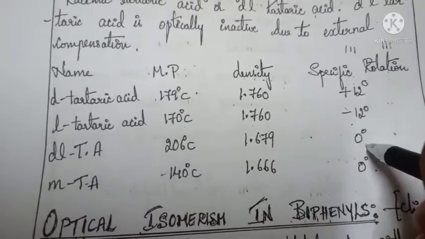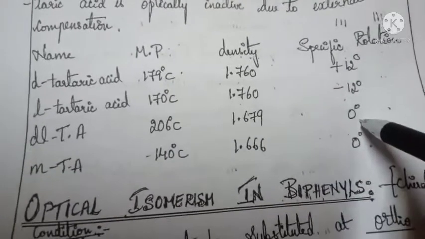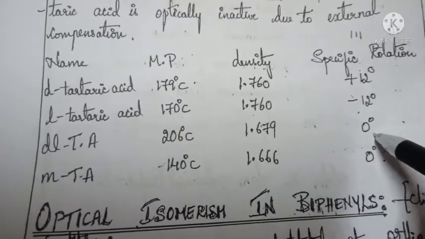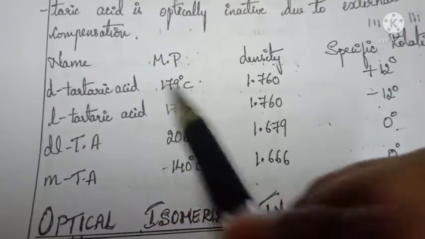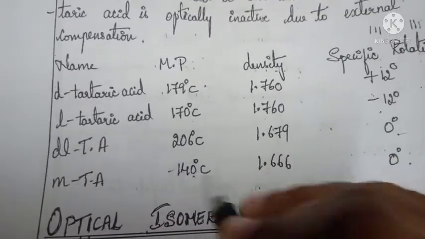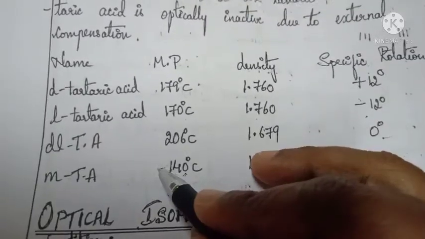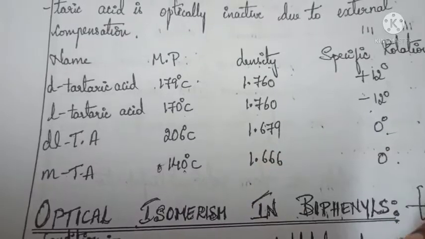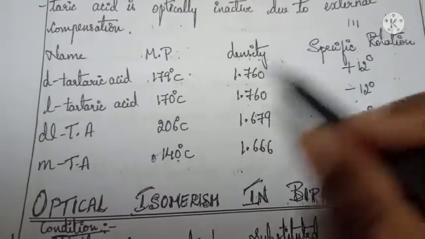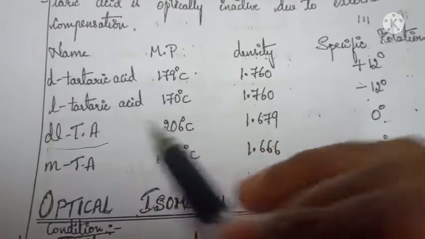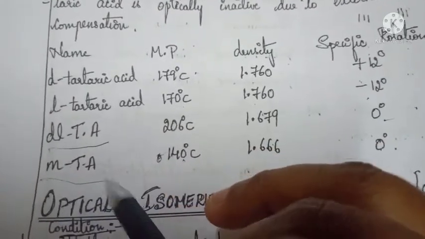There will be zero rotation because equimolar mixtures are present. So that's why meso-tartaric acid is 140 degrees, 1.660. And in that, this should be called meso-tartaric acid.